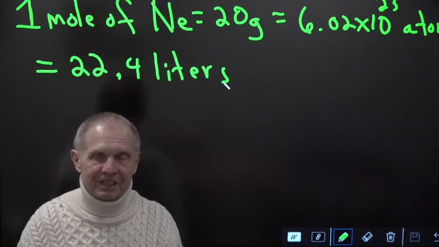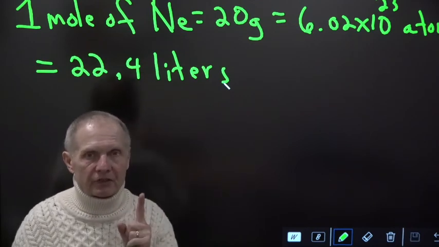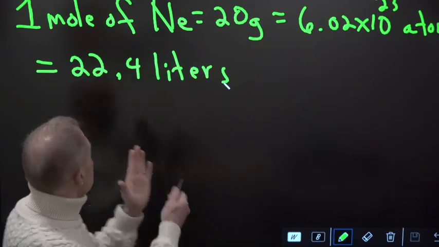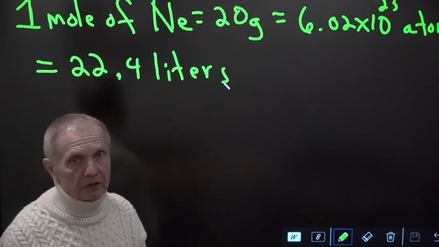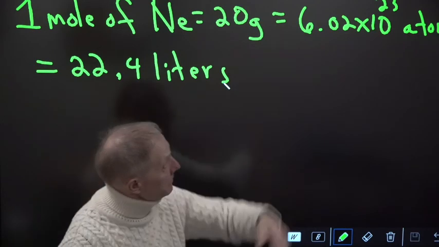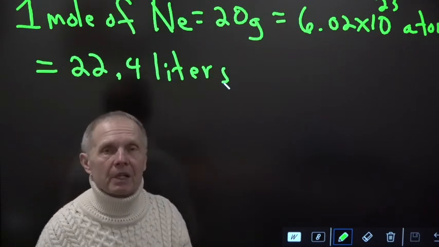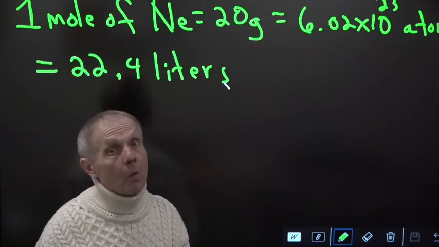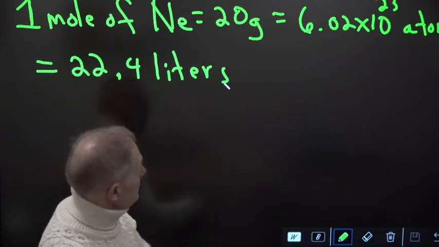All right? 1 mole of any gas at STP has a volume of 22.4 liters and has 6.02 times 10 to the 23rd atoms or molecules. Now, watch how all this fits in.